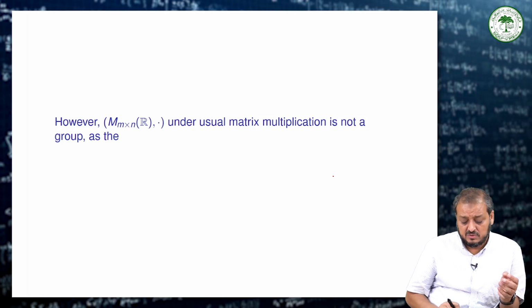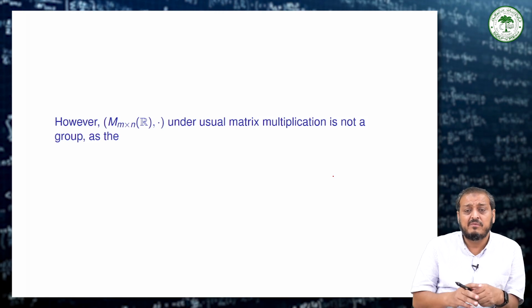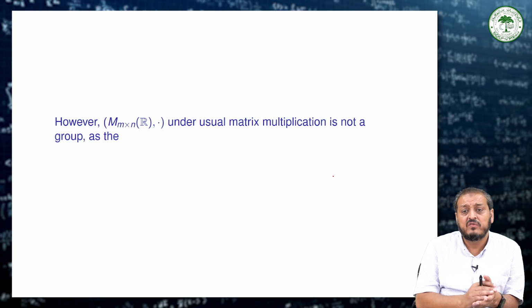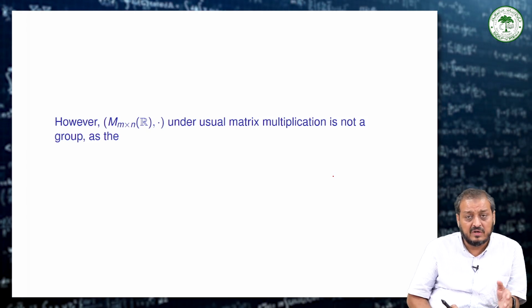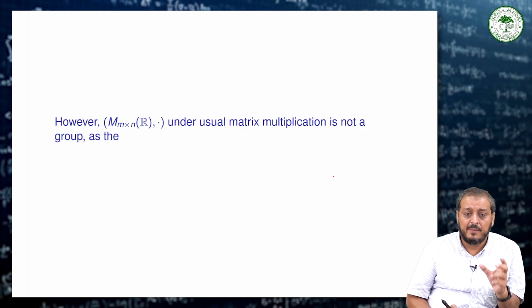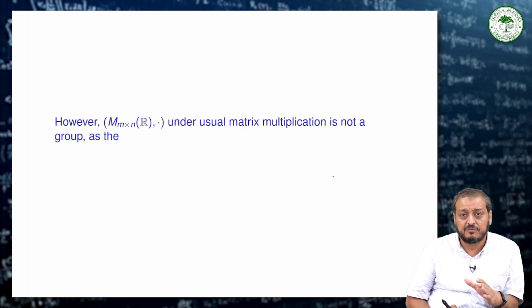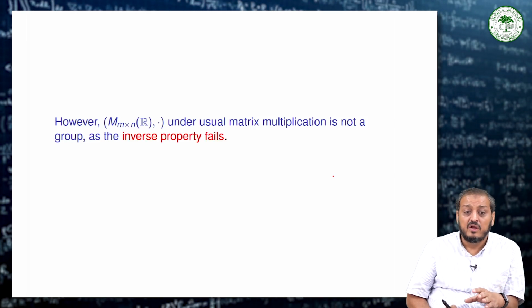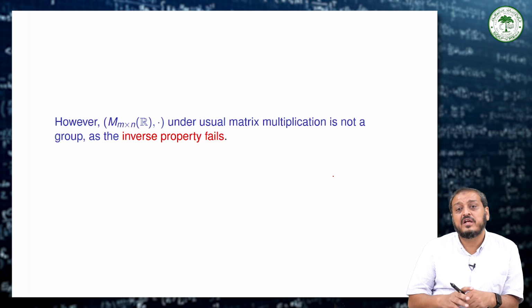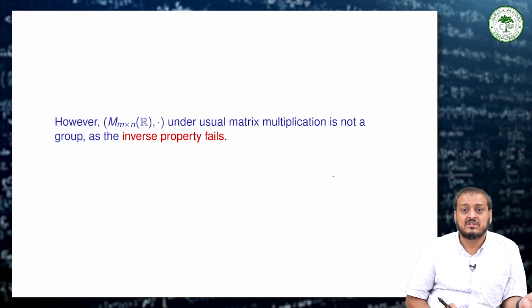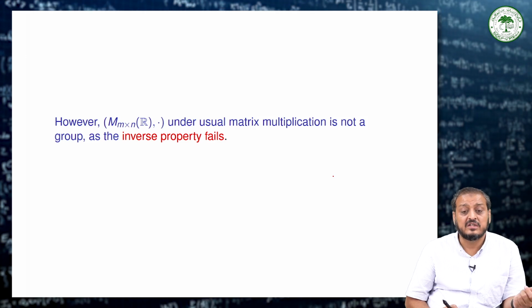But not every element has an inverse; the 0 matrix does not have an inverse. So under multiplication this set of matrices over the real numbers does not form a group, because the inverse property fails, since the 0 matrix has no inverse.